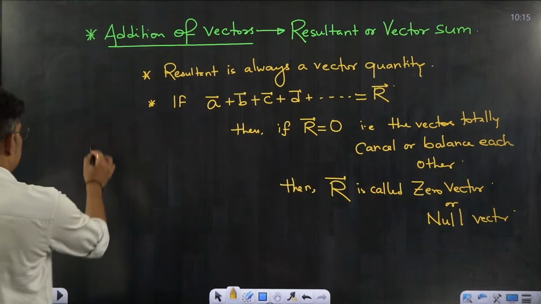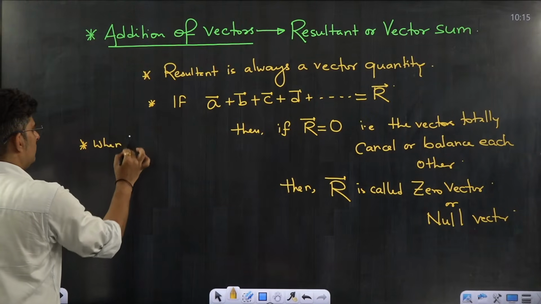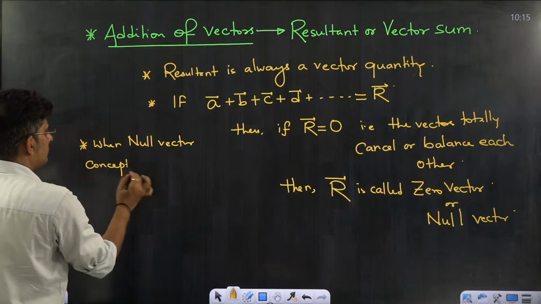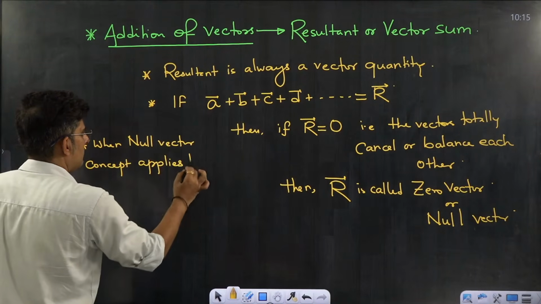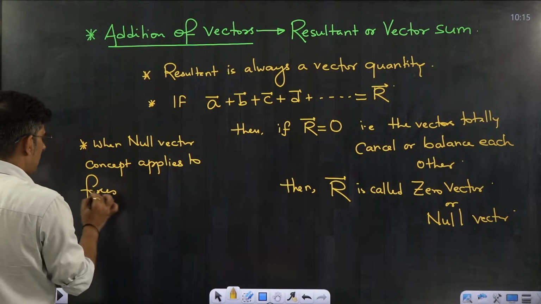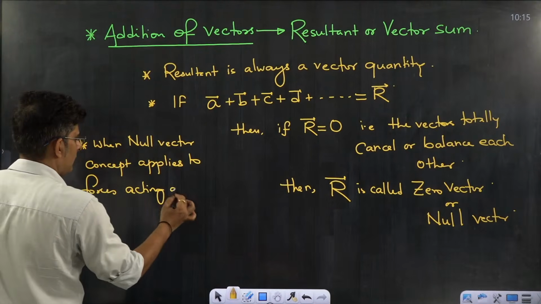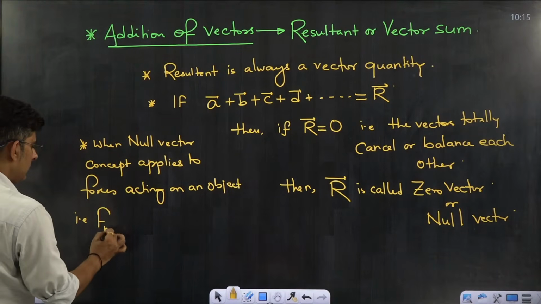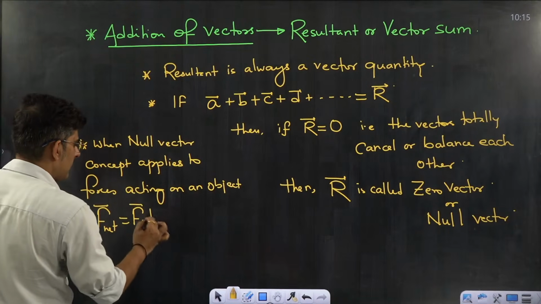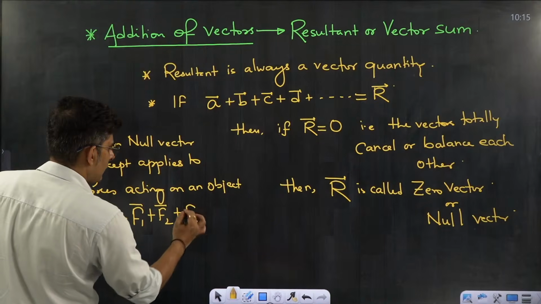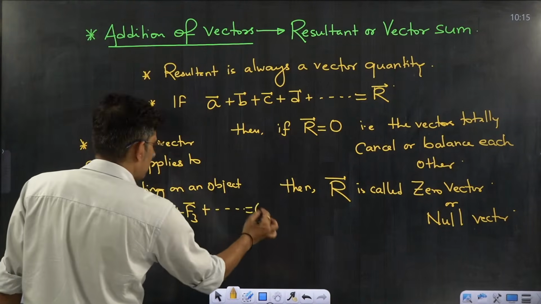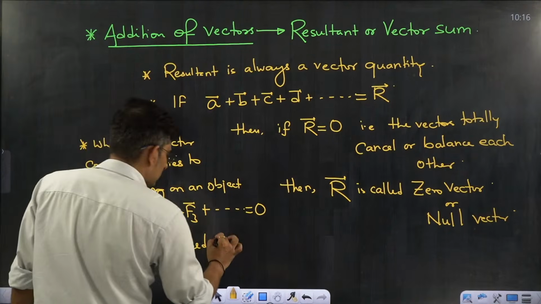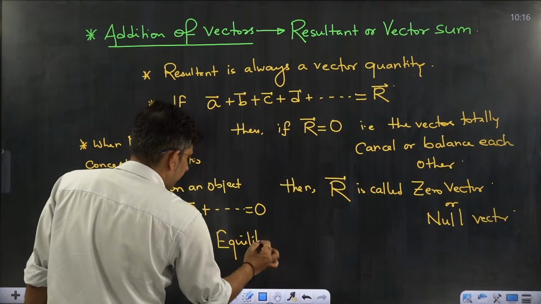So when the null vector concept applies to forces acting on an object, that is, the net or resultant force, which is the vector sum of two or more forces, if it is 0, it is called equilibrium.